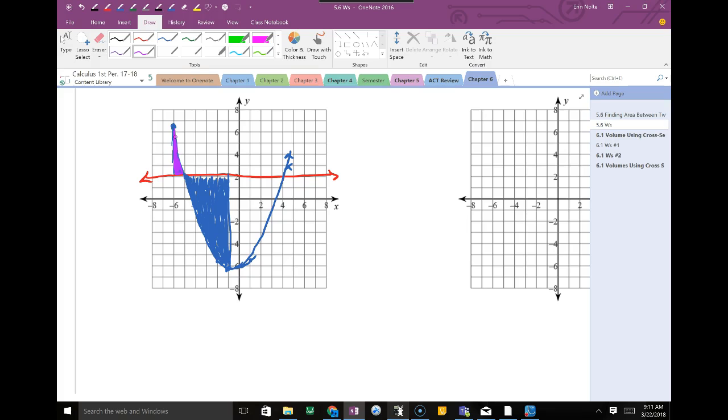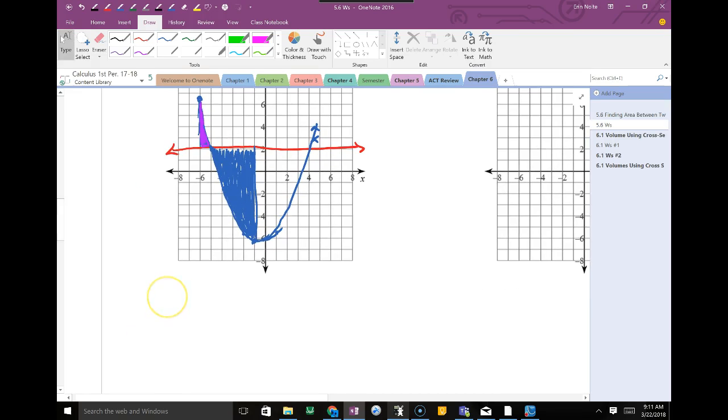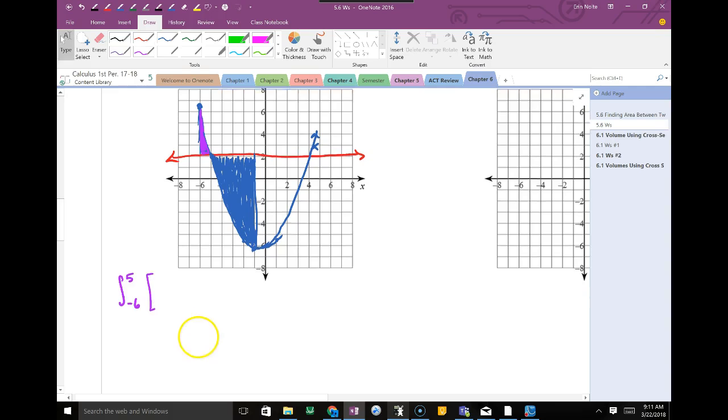Okay, you ready? Okay, so for my purple region, what does that area exist between? Which two x values? Good. So -6 to -5. Okay, in that purple region, which function is on the top? Which function? The x squared one, right?